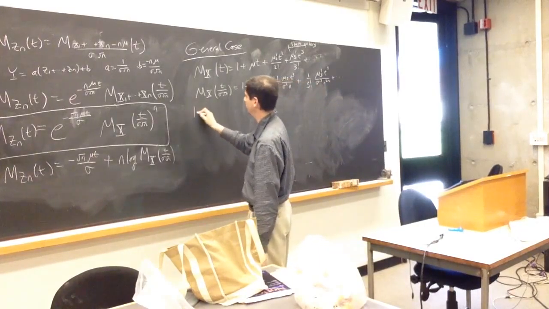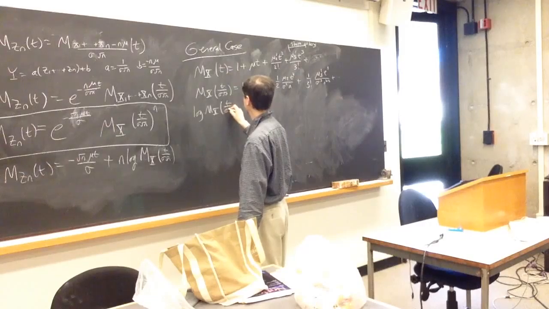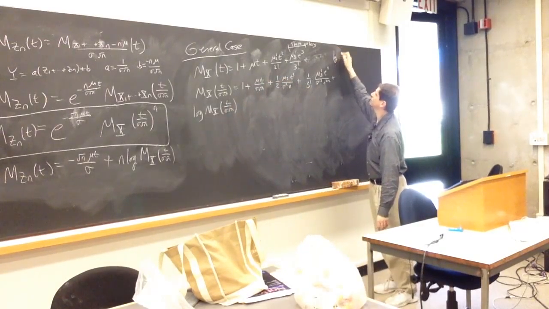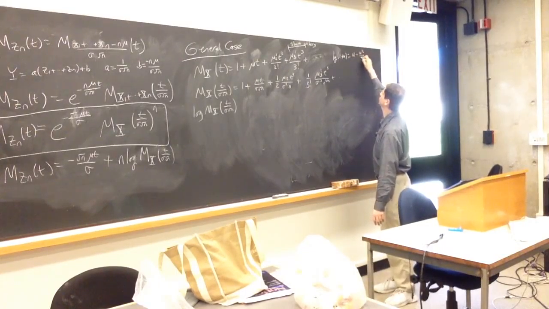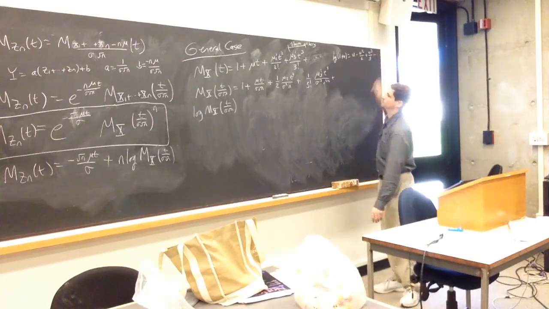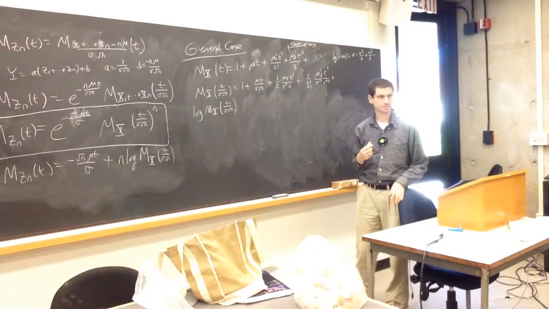Why is this useful? If I now look at the log of the moment generating function at t over sigma root n, I'm going to use the log of 1 plus u is equal to u minus u squared over 2 plus u cubed over 3 minus dot dot dot. And this whole expression here is u.